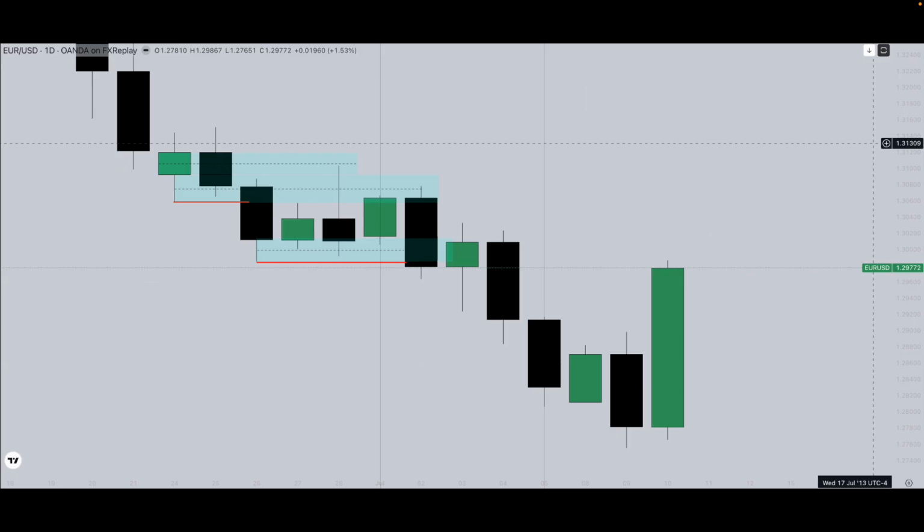So from 7 a.m. to 8:30, that's what I would consider New York 1. And then 8:30 to 10, I will consider that New York 2. And then 10 to 11:30, I will consider that New York 3, right?